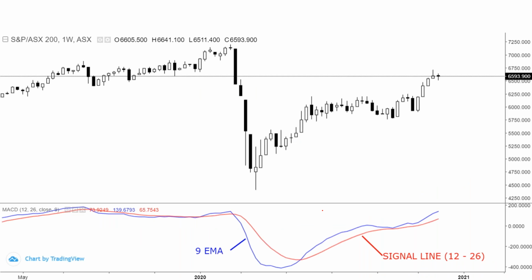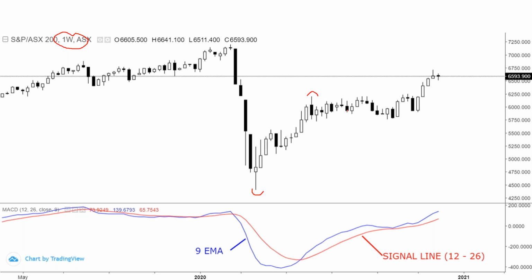So MACD, this is the S&P ASX 200 or the XJO. They're down the bottom here. I've displayed the MACD. This is a weekly chart showing up here. This shows the corrective move that we had during February this year. And since then, the market has entered back into a primary uptrend. We have a low in here.